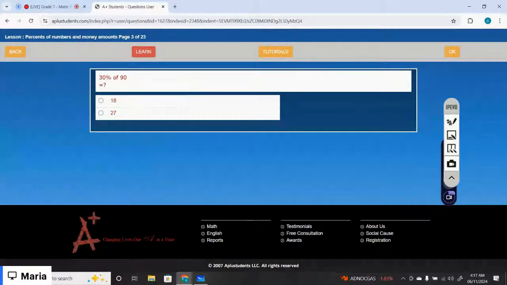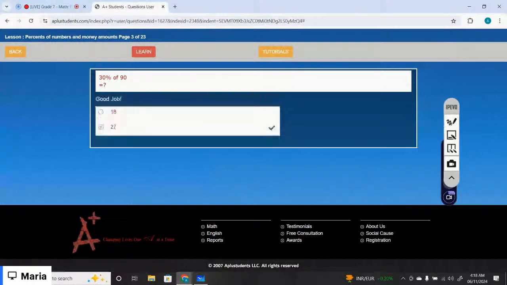30% of 90 equals, which is the correct option? 30% of 90 is 27. Option number 2 is the correct option.